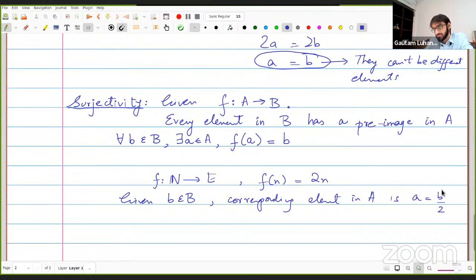But now I have a question: you're taking an element and dividing it by 2. How do you know that this element must be in the set of natural numbers? Because b over 2 could be, I don't know, 3 over 2. That's not in the set of natural numbers.